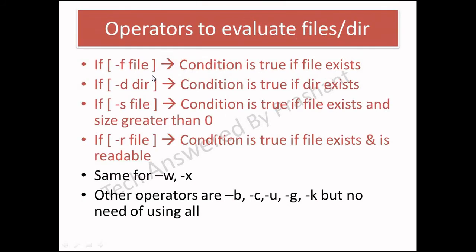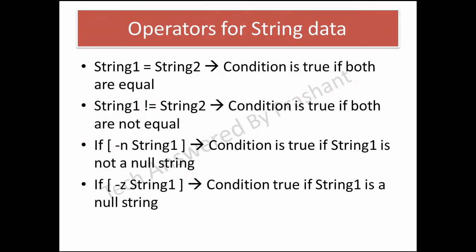Let us see the next thing, which is operators for string data. In order to compare two string values in Linux, we have to use these operators. First is equal to: the condition is true if both strings are equal. Not equal: the condition is true if both are not equal. With -n, the condition is true if string 1 is not a null string.